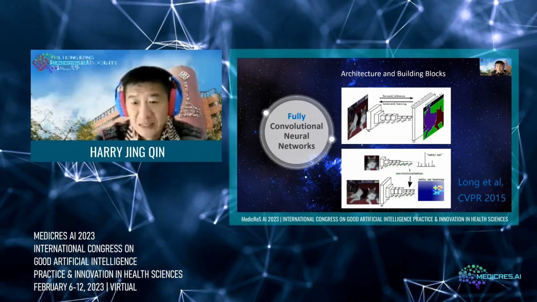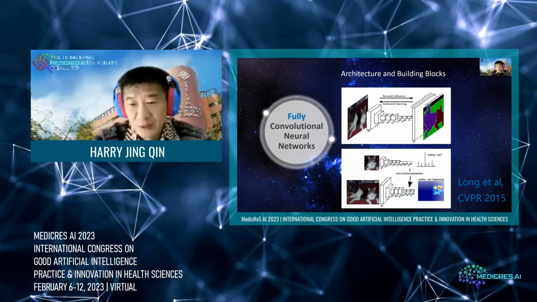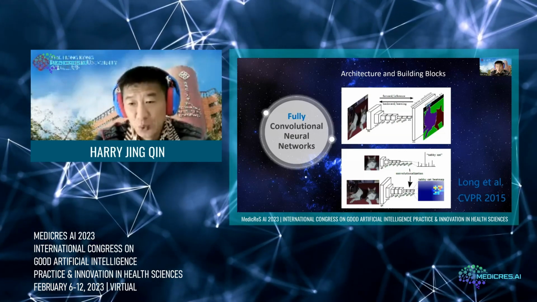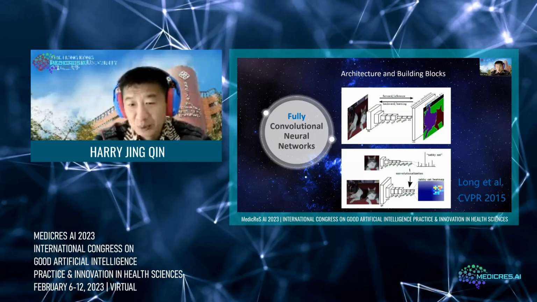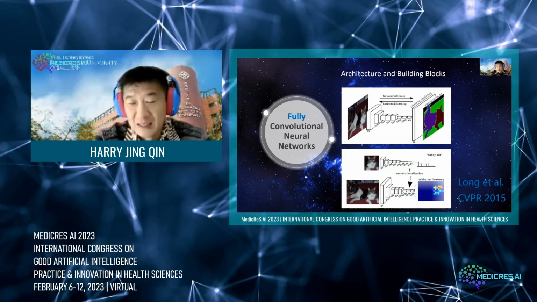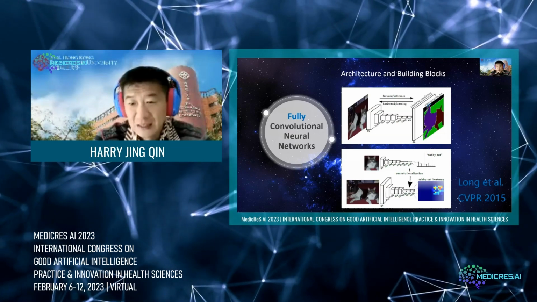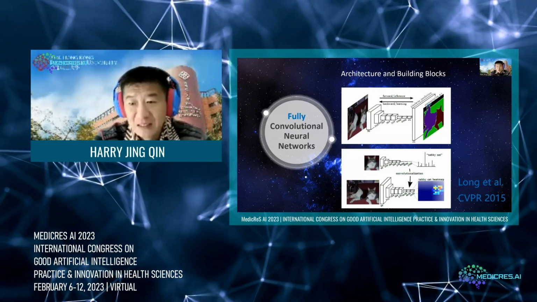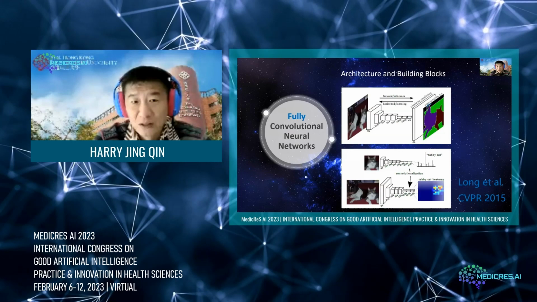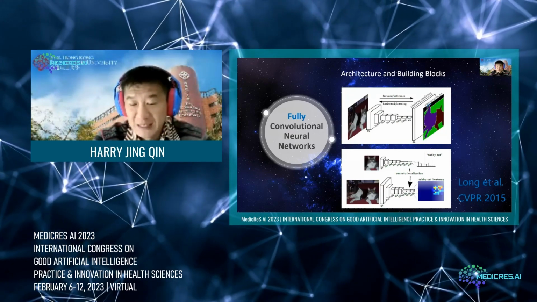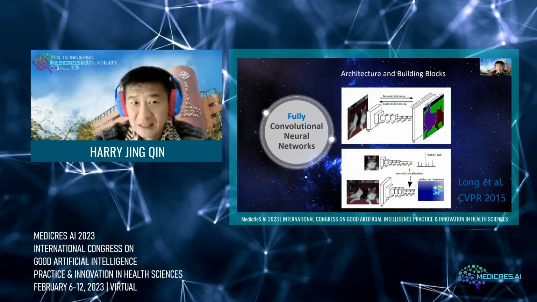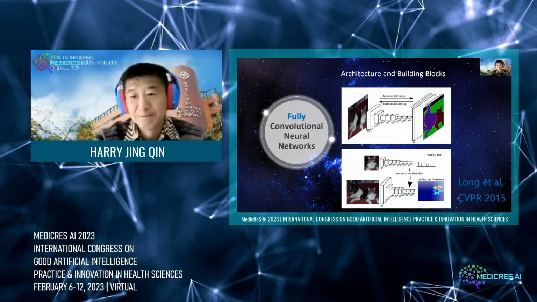The second point is that it converts the fully connected layer into a convolutional layer so that we can input arbitrary sized images and output the score maps with the same resolution for segmentation. So it is suitable for segmentation tasks and widely used in various segmentation tasks.